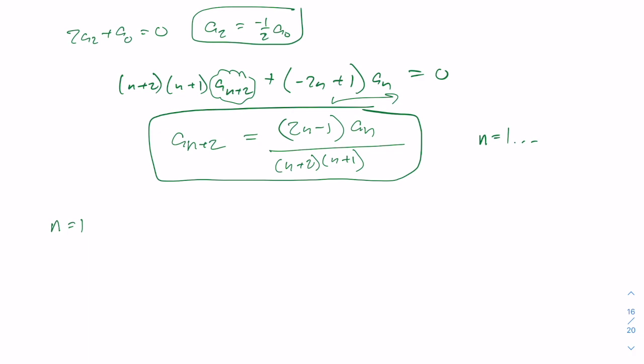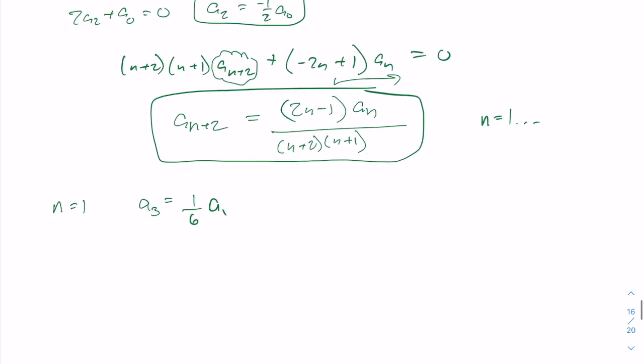N equals 1, that will be a_3 equals, let's see, 2 minus 1 is 1, and 1 plus 2 is 3. Okay, so this one is the same as this one, and that is 1 less. So that's going to be 3 times 2 is 6 times a_1. Okay, good.